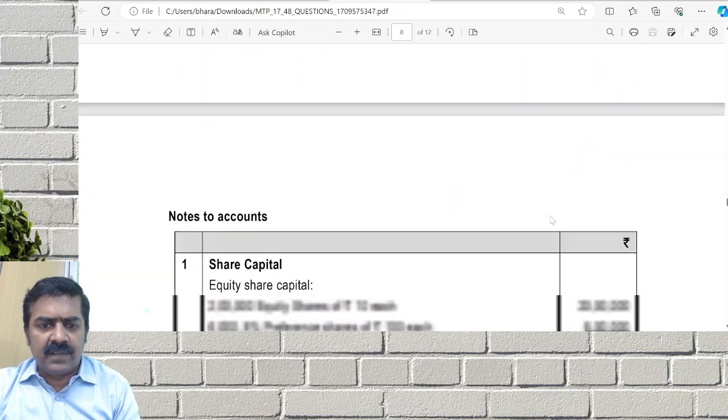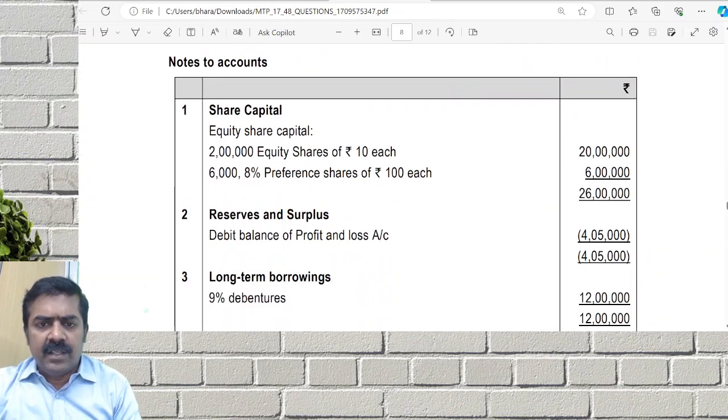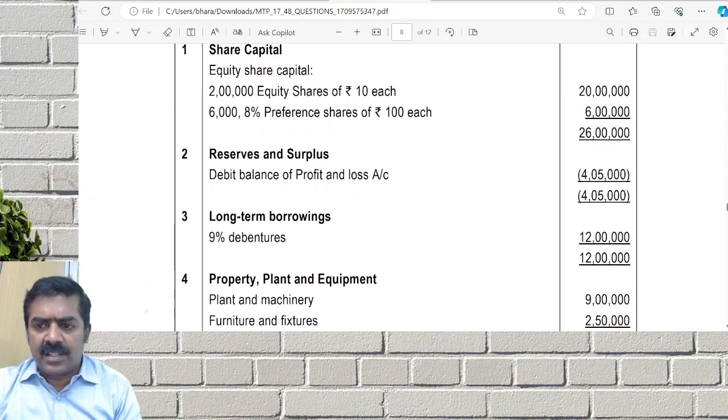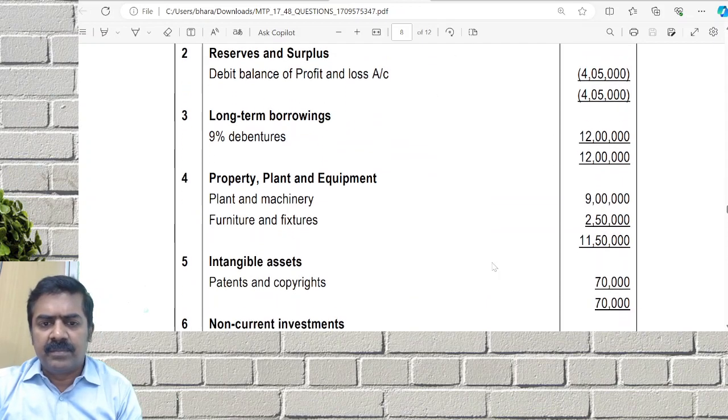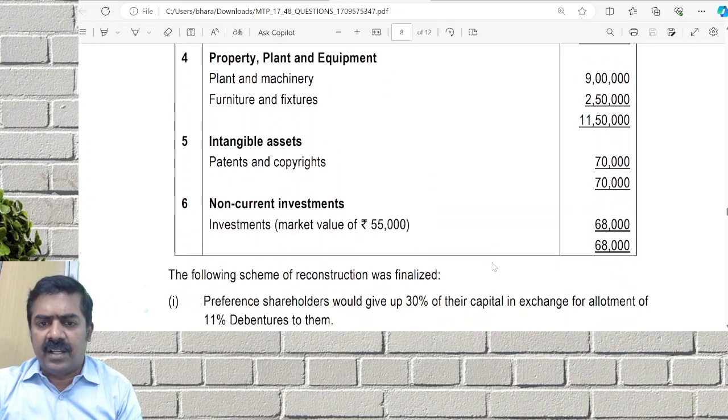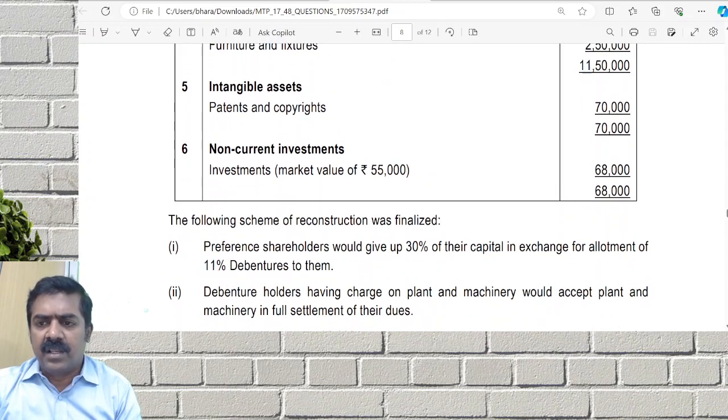Current assets are given. Details: equity share capital 20 lakhs. Preference shares 6 lakhs. There is a debit balance of P&L account which must be written off. Debentures are given. PPE details, intangible details are given. Investments having a market value of 55,000.